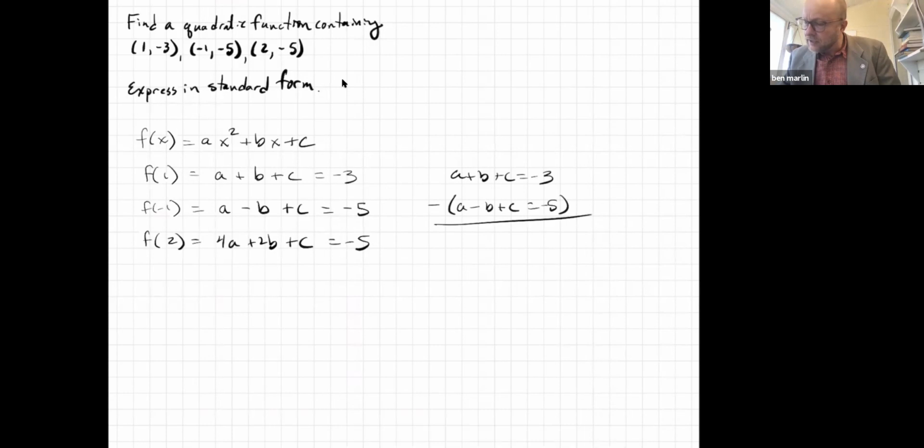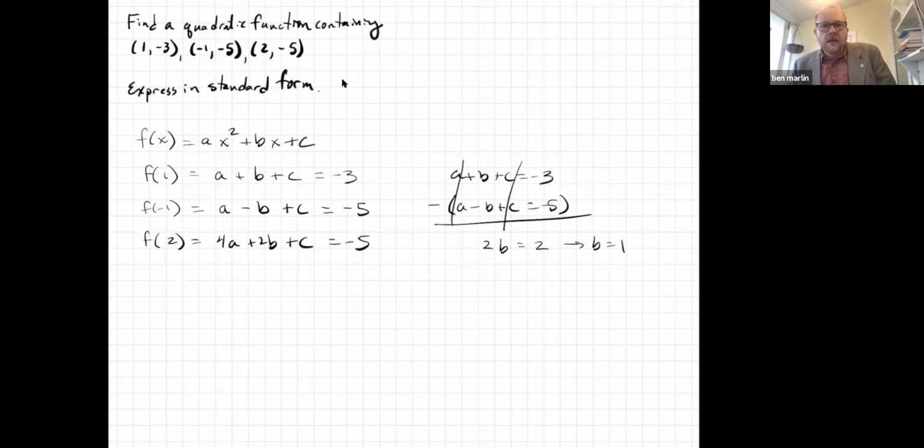So subtracting there, I will end up with, let's see, my a's go away, my c's go away, and I end up with 2b, because I subtracted a -b, is going to be equal to, let's see, -3 minus 5. So that will end up being +2. That tells me my b is equal to 1.